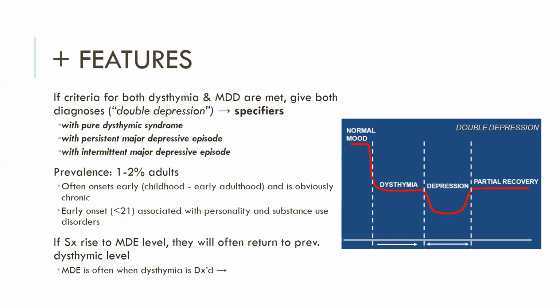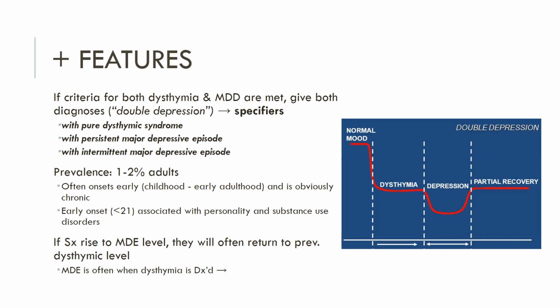So if a person meets criteria for dysthymia and there is absolutely no major depressive episode present, we would specify that they have pure dysthymic syndromes. That's the specifier we would add in there.